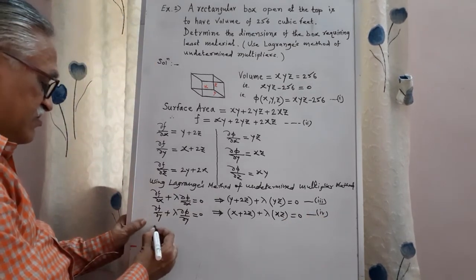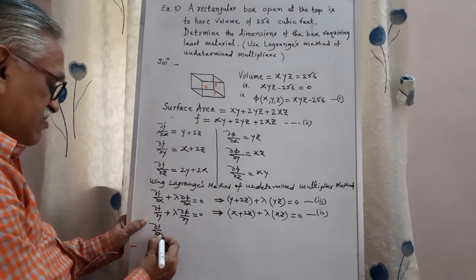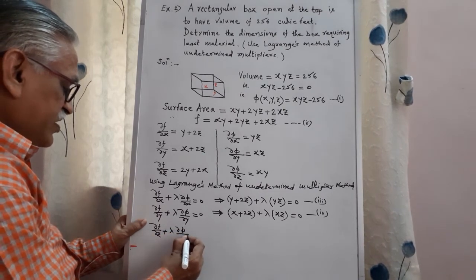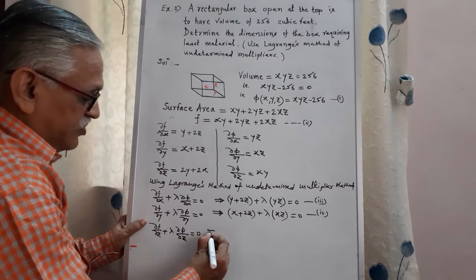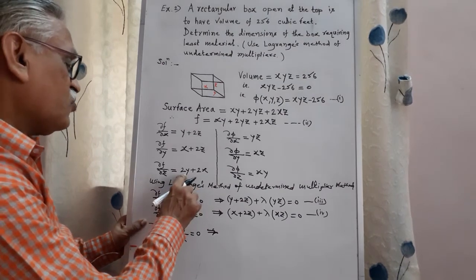And the last, dou f by dou z plus lambda times dou phi by dou z equals 0. It gives you, yes, dou f by dou z is 2y plus 2x.